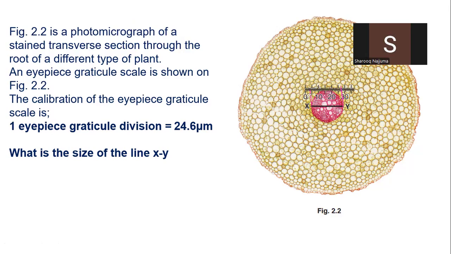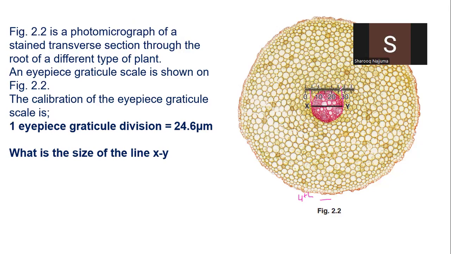If you look critically, you'll see that the line X is well aligned with the, because if this is 0, that means this is 1, 2, 3, 4. That is the 4th division. So the line is running from the 4th division to, then you also come this side.